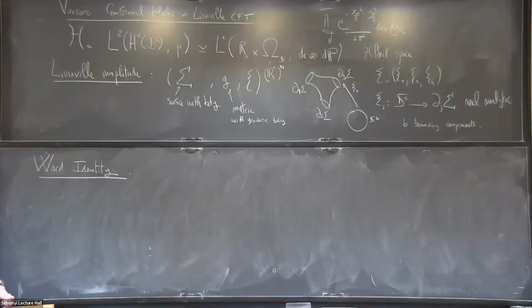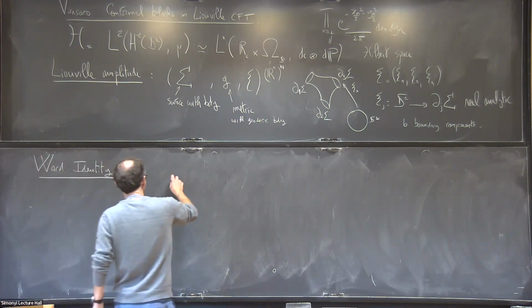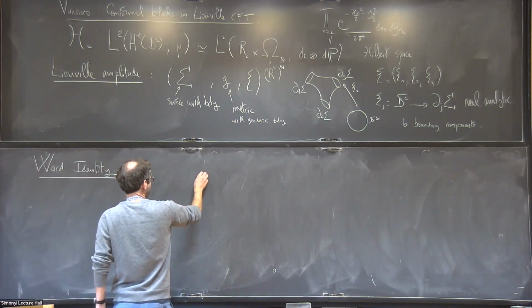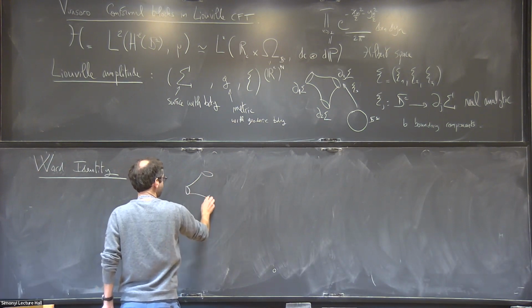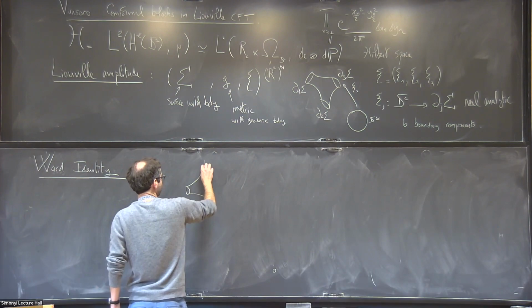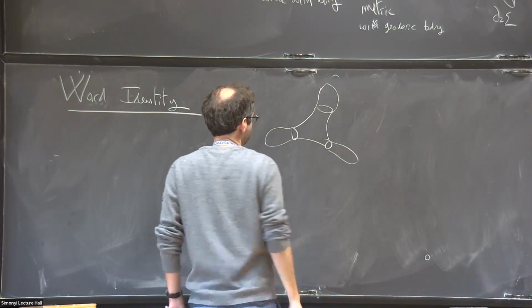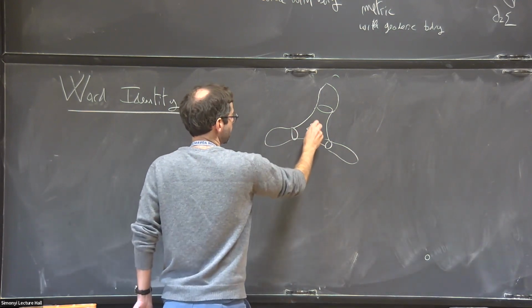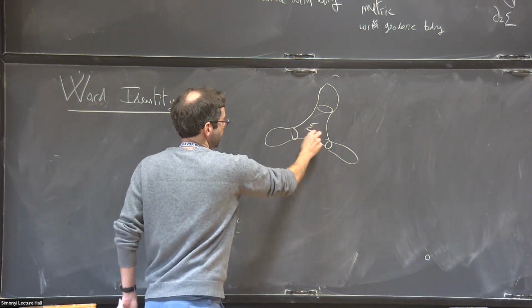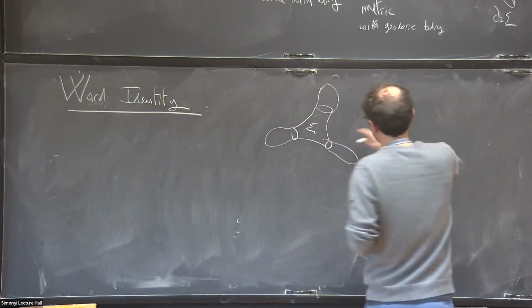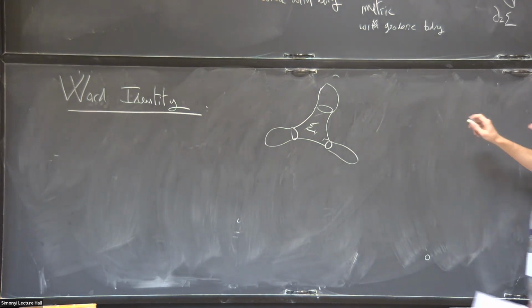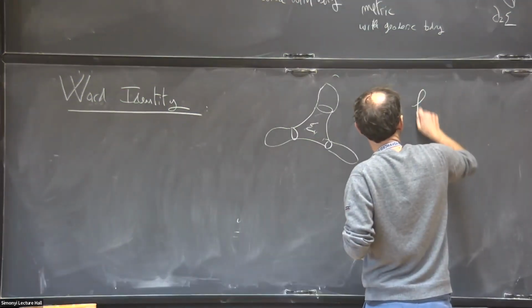So what is the Ward identity? The Ward identity is basically the contextual version of the symmetry of the model. What do I mean? Let's say I take a surface with boundary, like my pair of points, and I view it embedded in a bigger surface. This is my sigma, for instance, this piece.